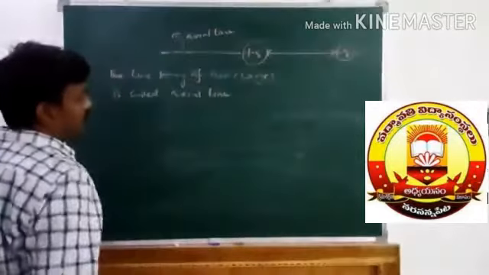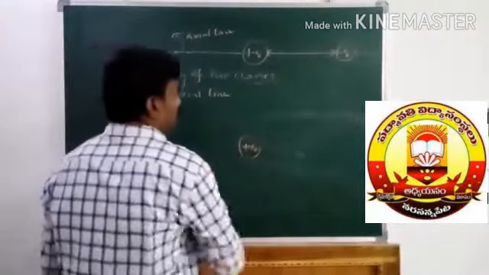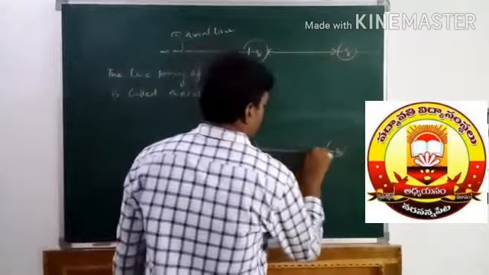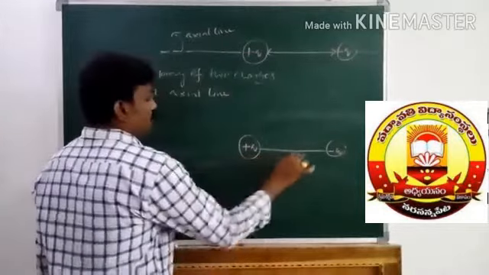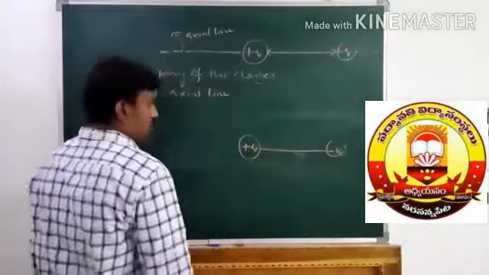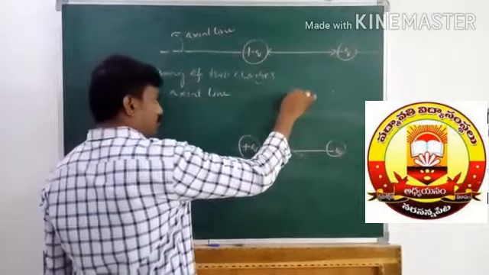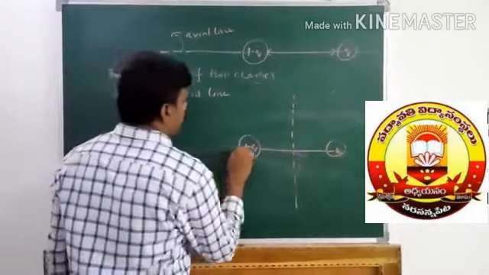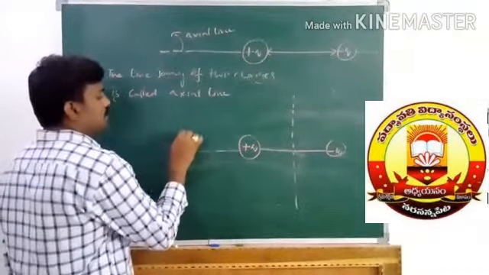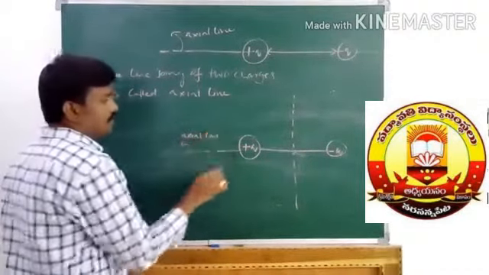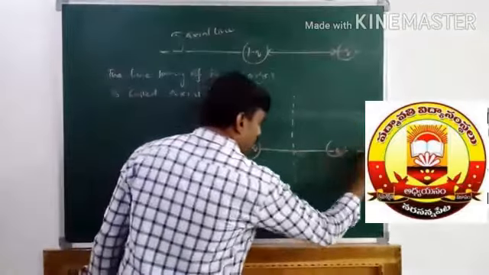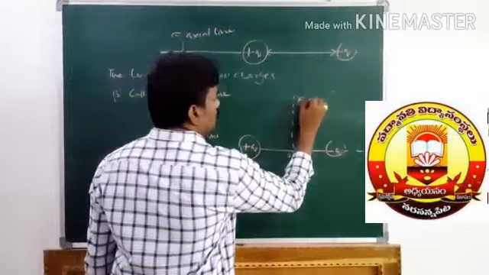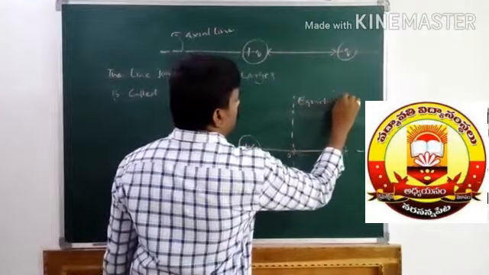Similarly, the next thing is the equatorial line. What is the equatorial line? Again, we take a dipole. This is plus q and this is minus q, separated by a distance. The line which passes through the midpoint of the dipole and is perpendicular to the axial line is called the equatorial line.